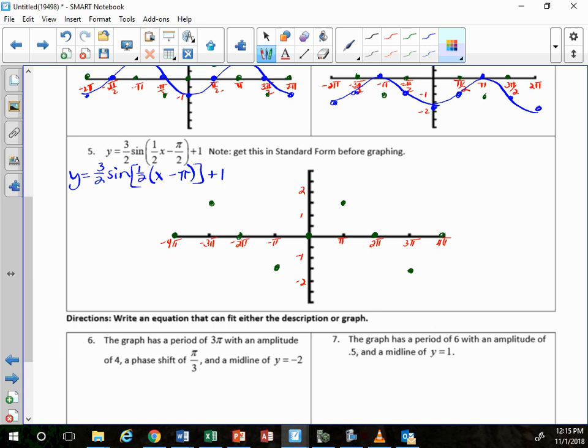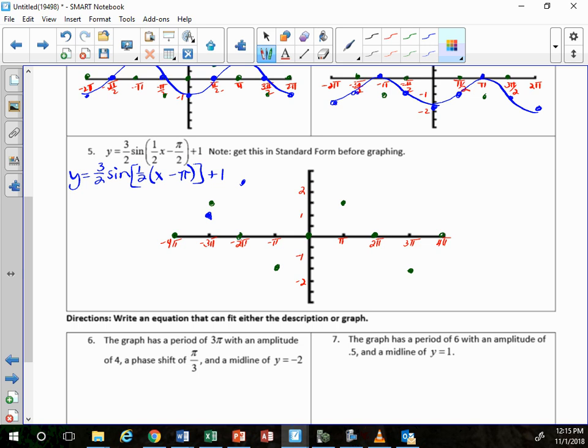Okay, from there, where do I go? Where am I shifting? To the right. Okay, right by pi, which is 1 tick mark, and up 1. Right by pi, up 1. So the top of my graph's all the way up to 2.5 now?